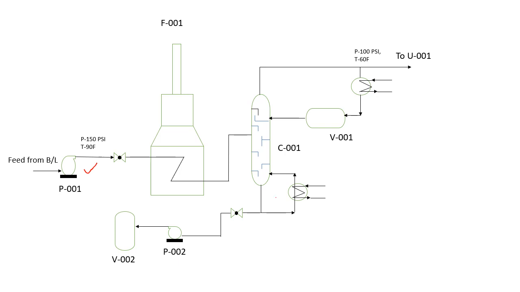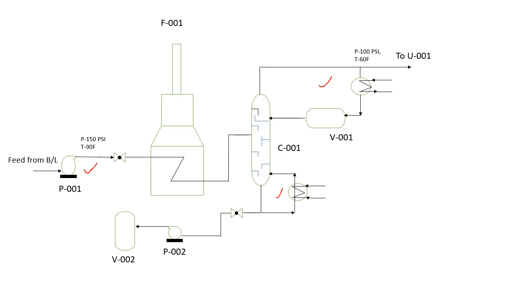At the bottom there is a reboiler and on the top there is a condenser, and this gives you an overview of the process. So this is basically a process flow diagram, or PFD.